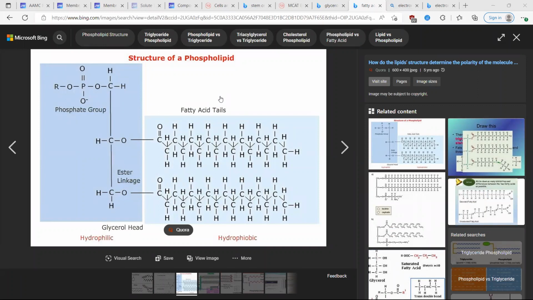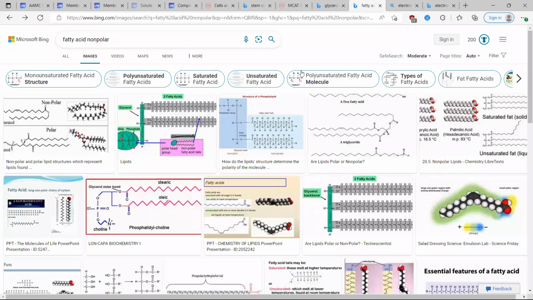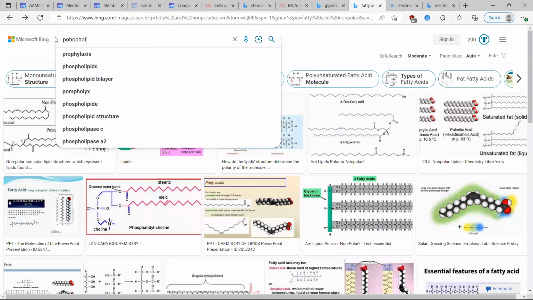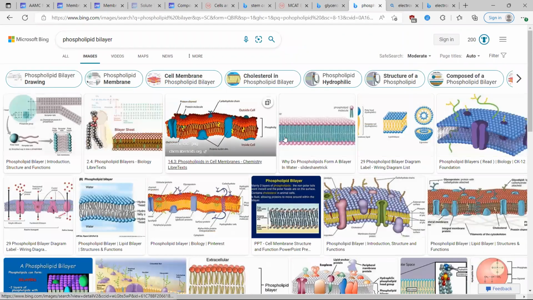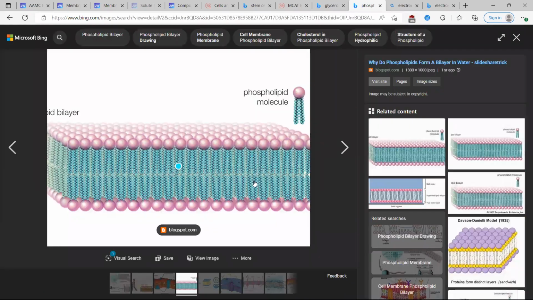We can't really say that a phospholipid is overall polar because there's a huge part of it that's non-polar. So when we look at a phospholipid bilayer, we cannot say overall that this is polar or non-polar. We can't, because it has two distinct regions.